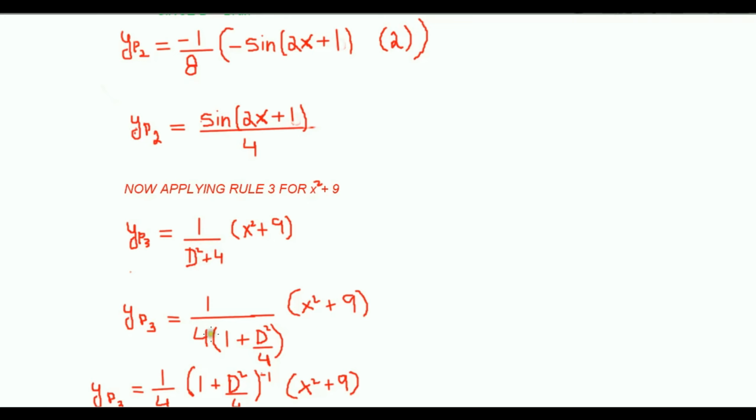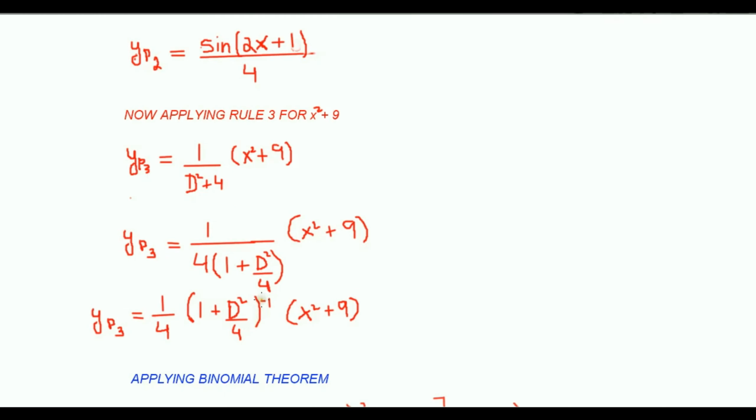I take 4 common, so it will become 1 plus d squared upon 4. Now I will take this to the numerator, so it carries the whole power negative 1. As we know, according to the binomial theorem, 1 plus x whole power negative 1 is equal to 1 minus x plus x squared minus x cubed plus x to the 4, and so on.